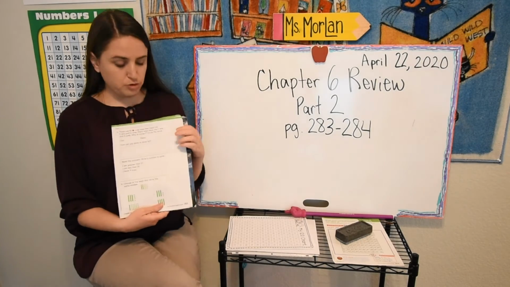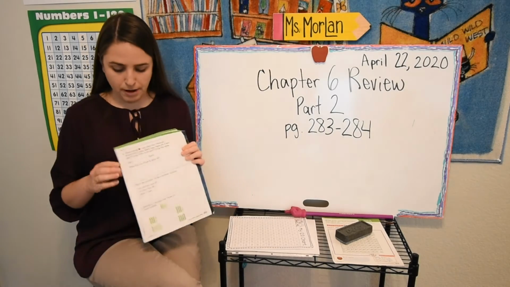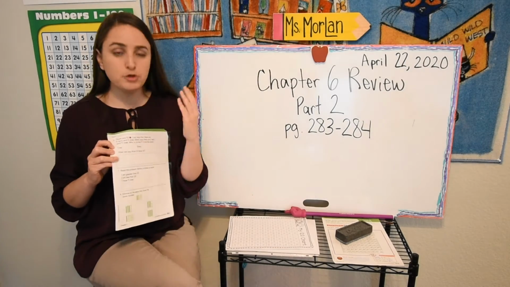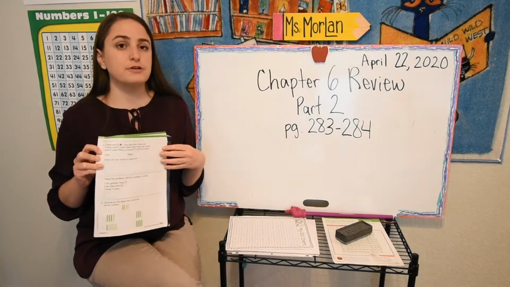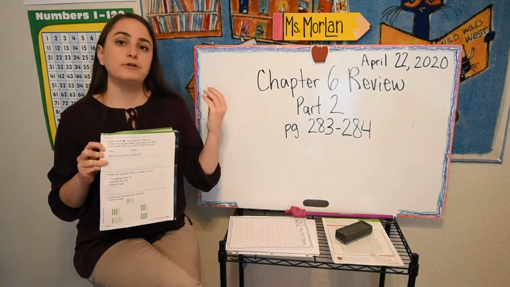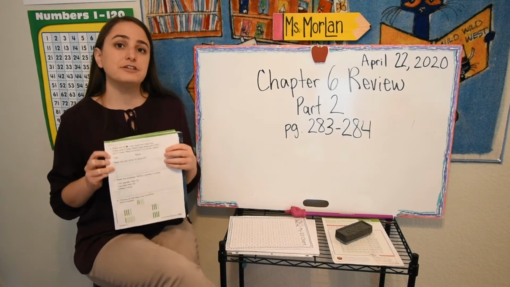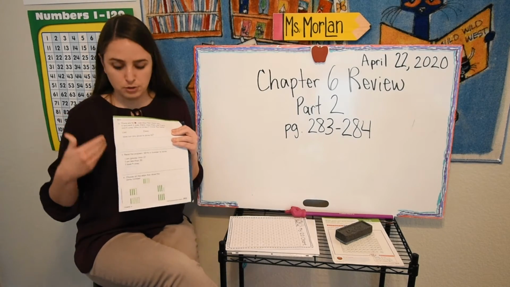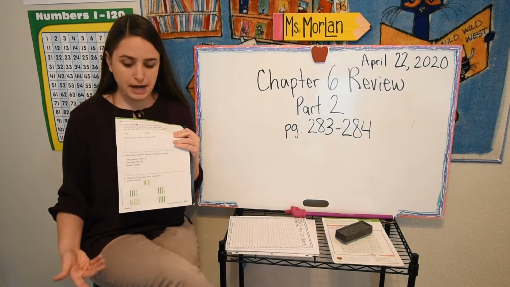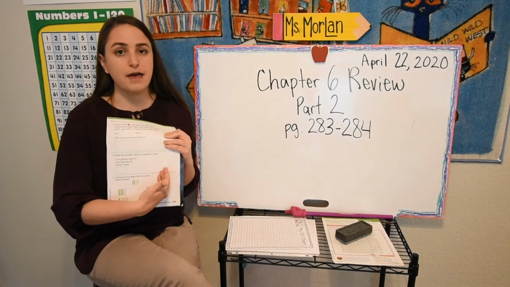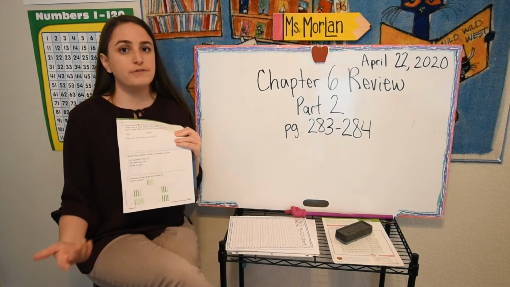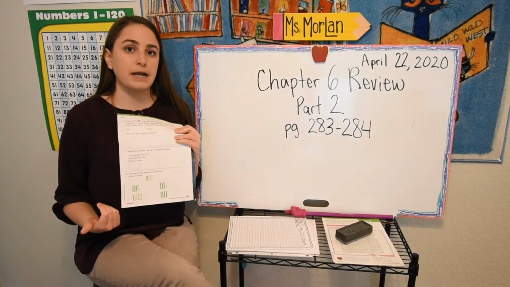Or you can do one problem at a time. For example, you would pause this video, answer number 6, and then continue this video to see how I solve number 6 and to check your answer. And then you would continue that pattern. Pause the video, answer number 7, and then continue the video to see if you get the right answer.